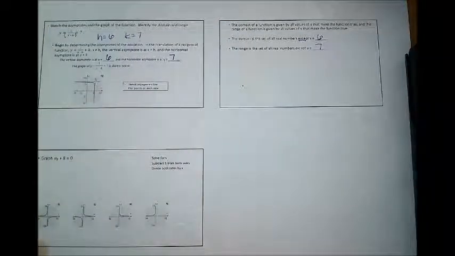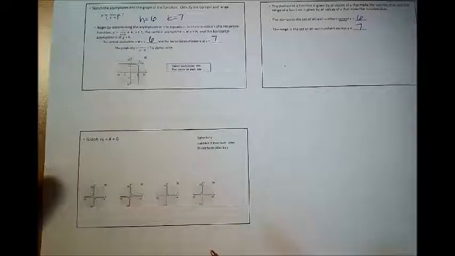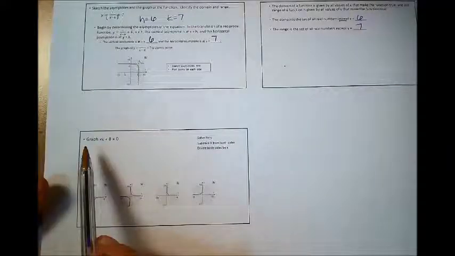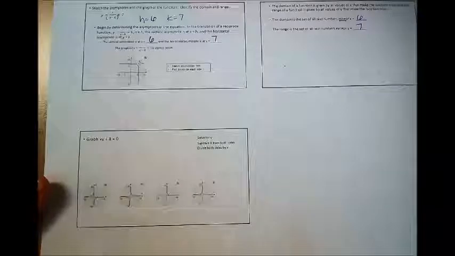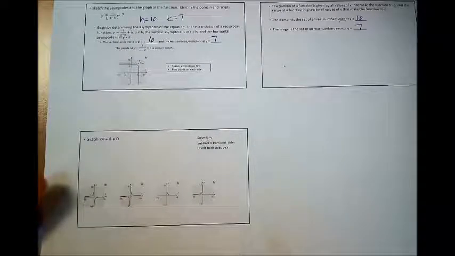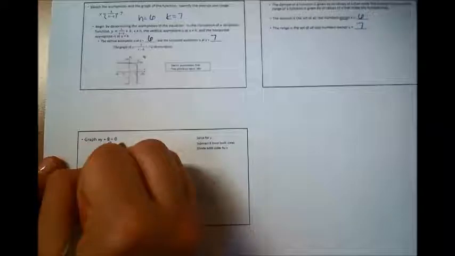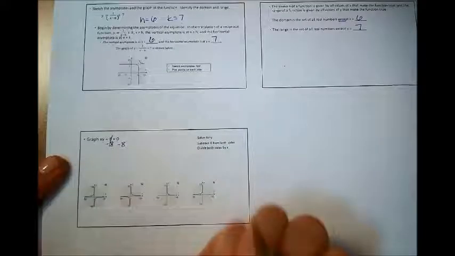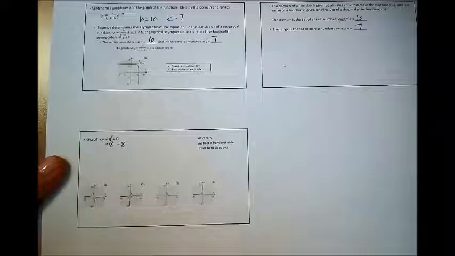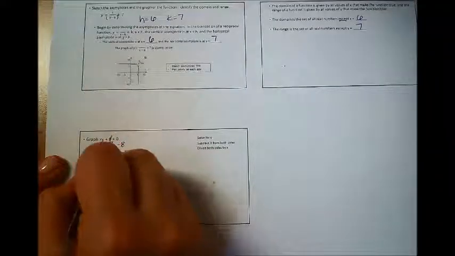And finally, you'll have some questions like this. Graph xy plus 8 equals 0. So what you need to do is simply get that y by itself. So subtract 8 from both sides, and you get xy equals negative 8. Then divide by x to get the y by itself.